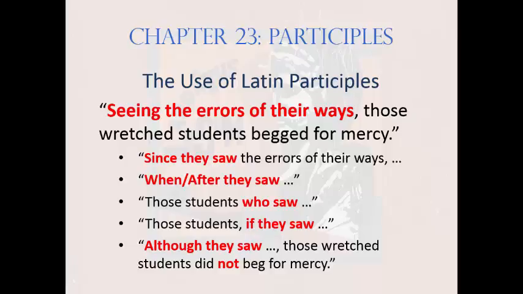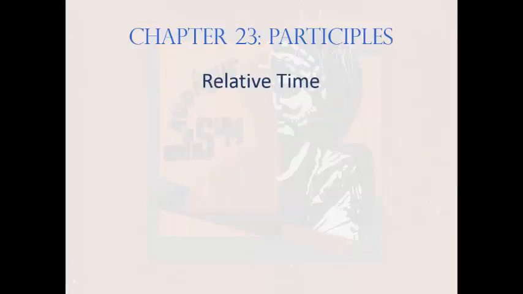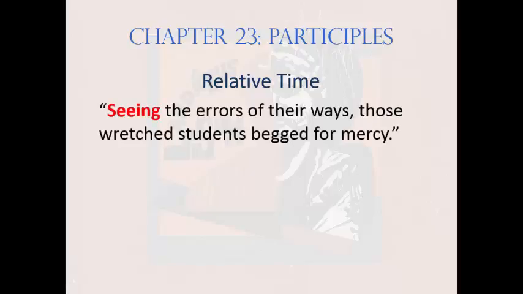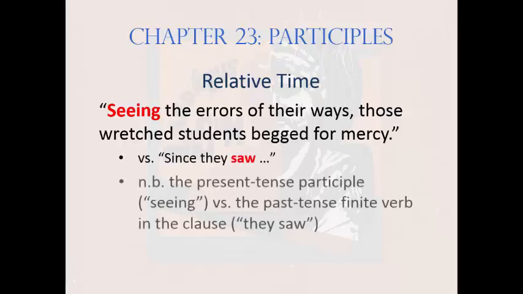These translations raise another important issue concerning Latin participles, one we'll deal with several times in this class: the concept of relative time. Returning to the same sentence we were just using, "seeing the errors of their ways, blah, blah, blah," which can be rendered in English with a clause like "since they saw," note that the present tense participle seeing is represented by the past tense finite verb saw in the clause.